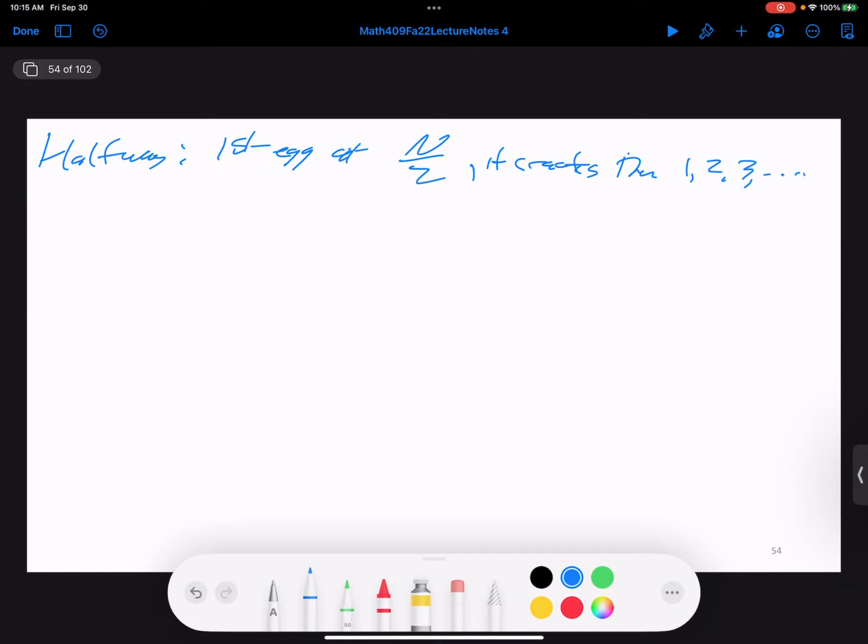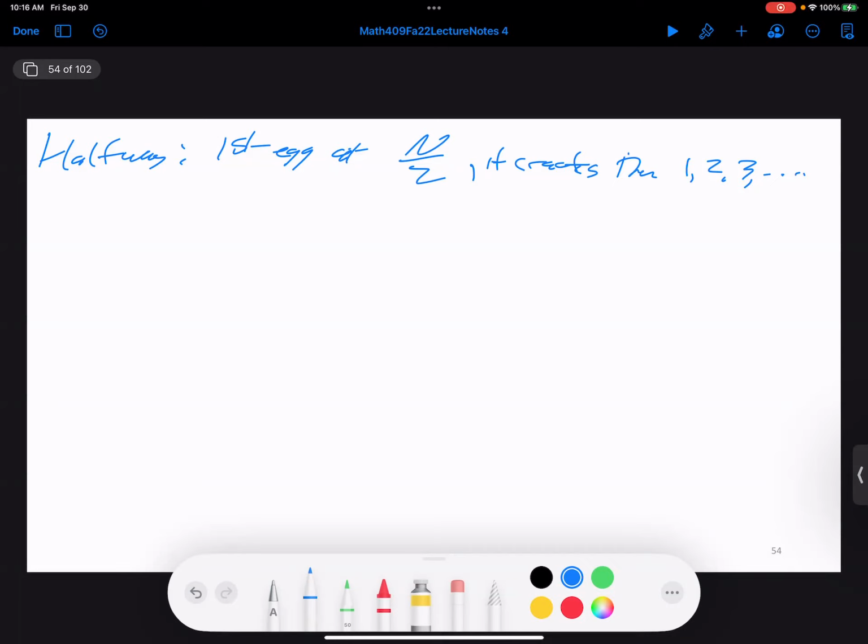If it doesn't crack at n/2, where would you go next? Now you know it's somewhere between n/2 and n. Where would you do your next drop if the first egg doesn't break? Not n/2 plus 1. 3/4.